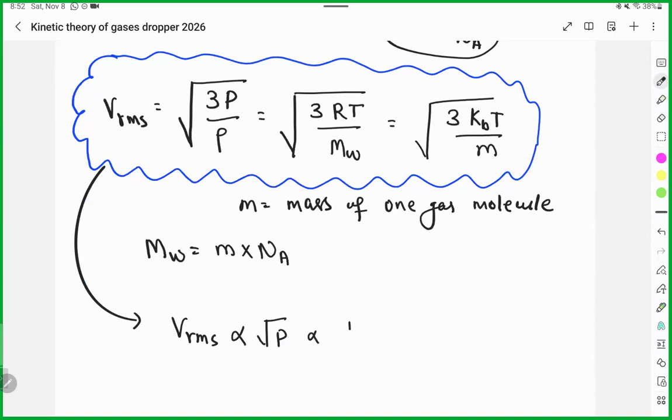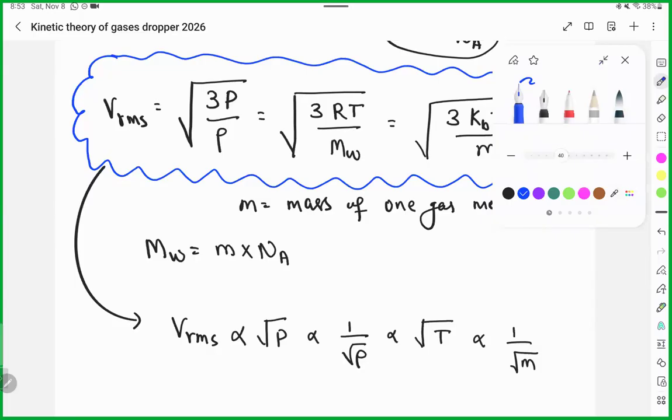What is the relation with the density if pressure is constant? Inversely proportional. What is the relation with the temperature when molecular mass is constant? And what is the relation with mass of one molecule? Like this. Usually these are the most popular questions.